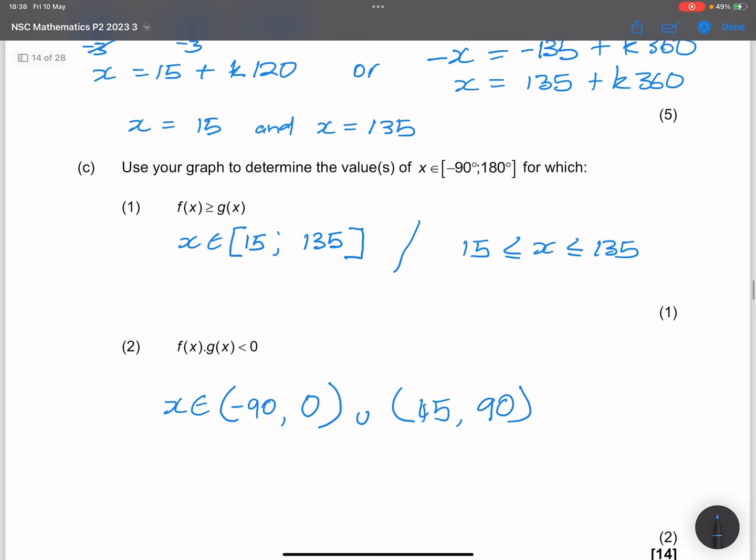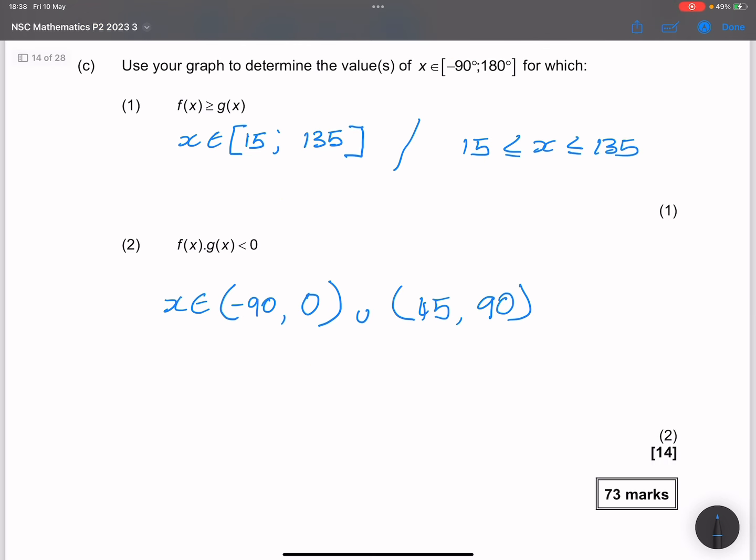Or you can say that x is less than 0 and greater than negative 90, or x is less than 90 and greater than 45. Note that the y values for the two graphs there are actually different, the one positive and the one negative. All right, so we leave it there for this question. Let's go to the next one.